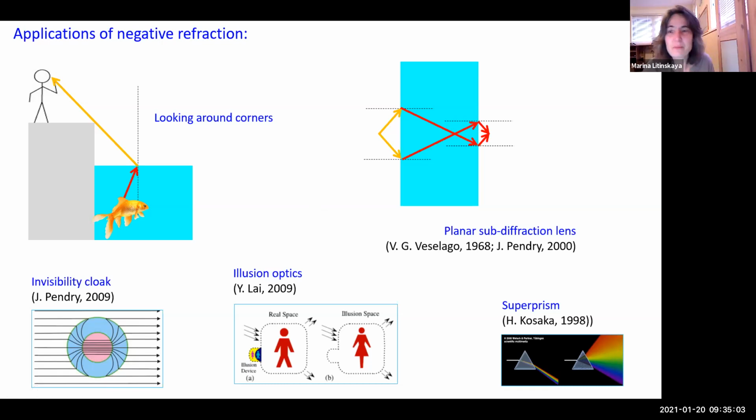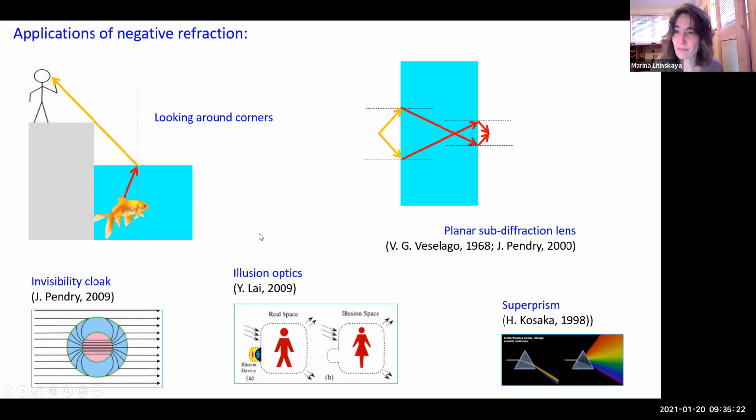So the whole bunch of phenomena, right? And we thought that it would be very good to implement this in gas. So you have your laser, you switch it on, and you have your invisibility cloak, tunable at a distance in real time, right? It would be nice.